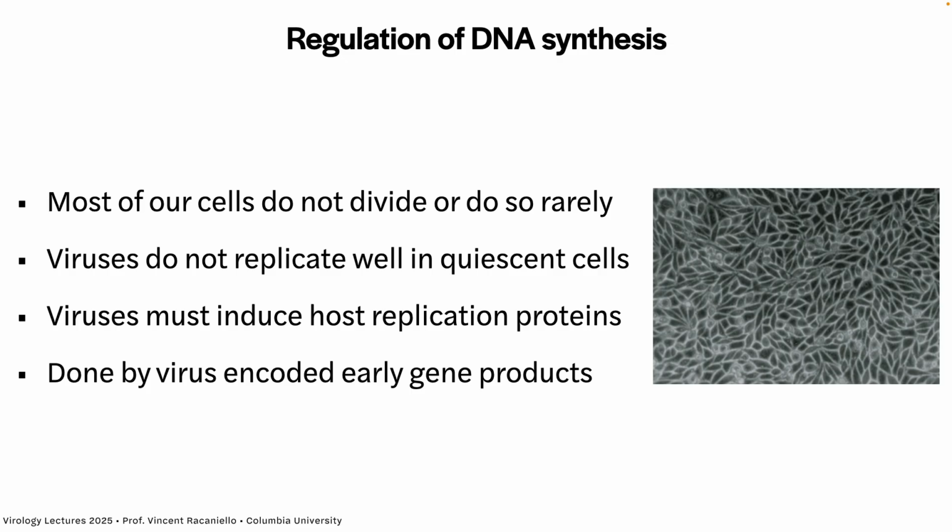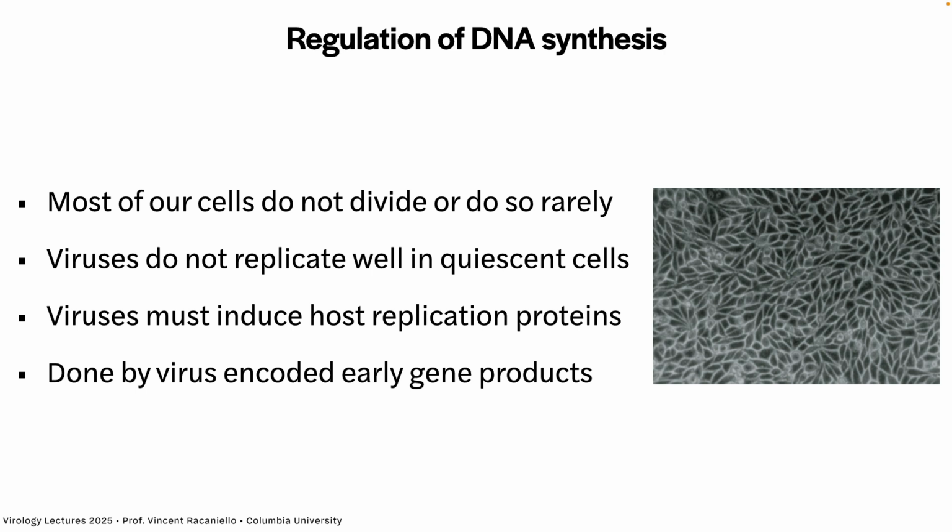And so a virus floating around in your body, how will it detect a cell that's dividing? It cannot. You can't tell a dividing cell from the outside. It looks like every other cell. So what they do is, if they get in a cell and it's not dividing, they induce it to divide. How do you make a cell divide? You turn on DNA synthesis. That's the key.